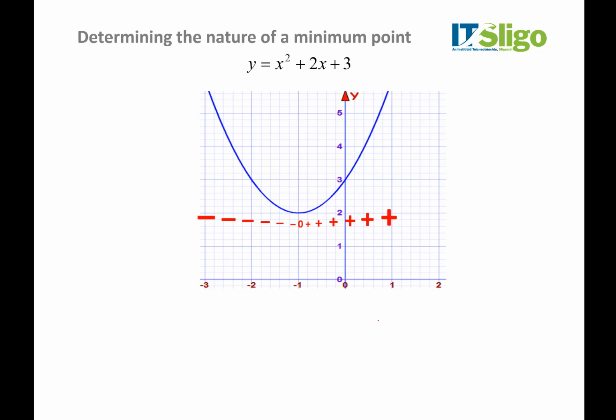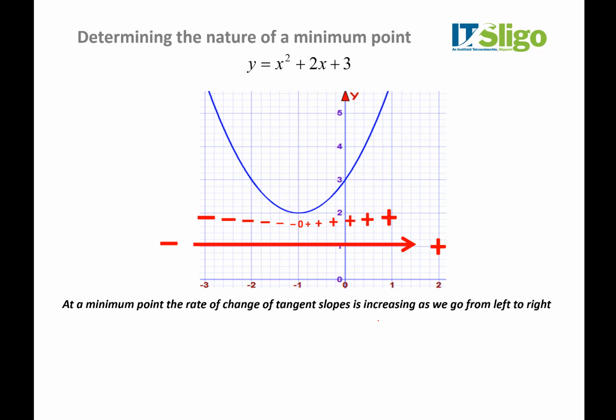So this is just a little diagram of our slopes. So what we can say is we're going from negative to positive as we roll around this curve. We can say at a minimum point, the rate of change of tangent slopes is increasing as we go from left to right. Now rate of change is got by dy/dx, and tangent slope is also dy/dx.